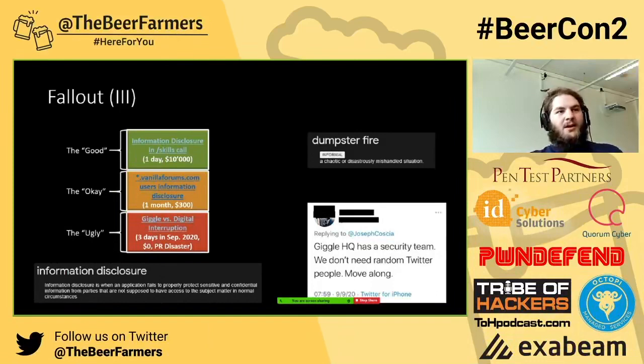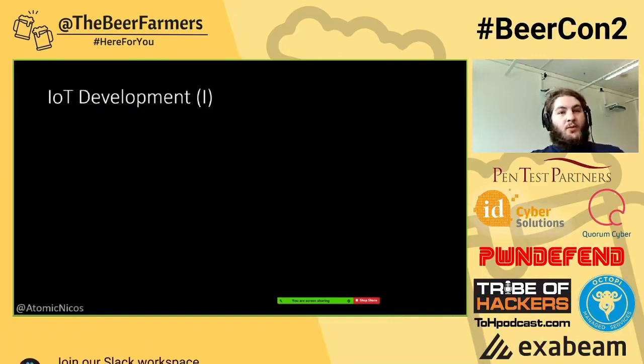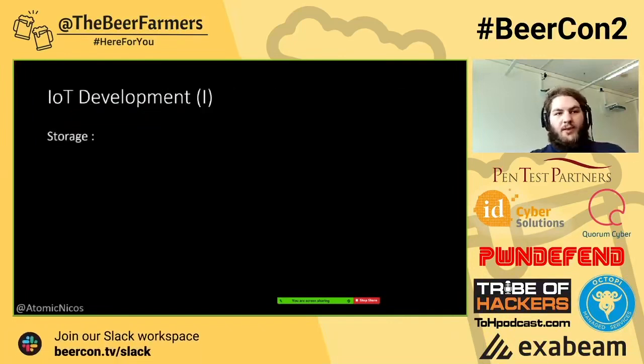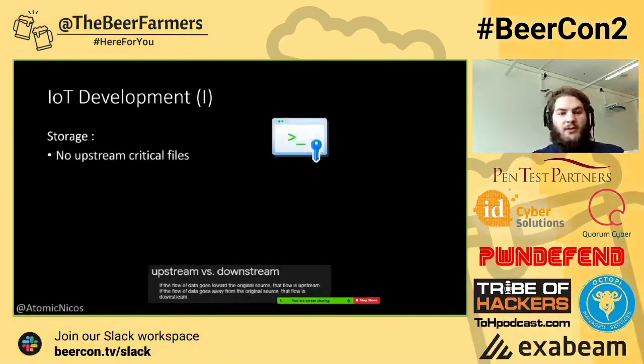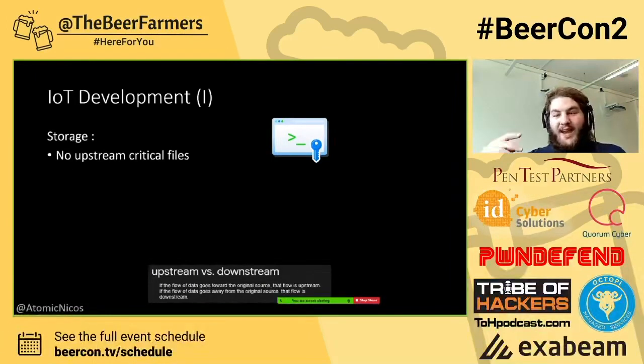So let's talk about risk mitigation. Well, in terms of IoT development, in terms of storage, it's avoiding adding upstream critical files to your IoT device. That would be SSH files, configuration files, stuff like that. Because if you have an SSH file that allows me to gain access to the entire company's repositories, which is something I've seen in the wild, that's a bad move.